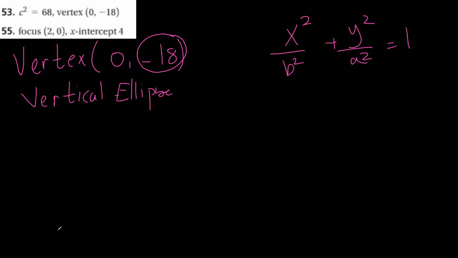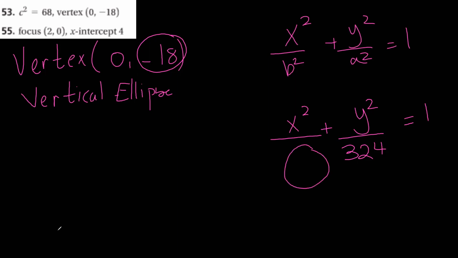So a squared will be 18 squared, which is 324, plus x squared over, what do I need now? I need b squared. Is it right? Yeah.